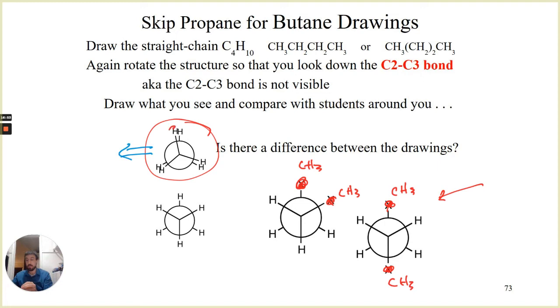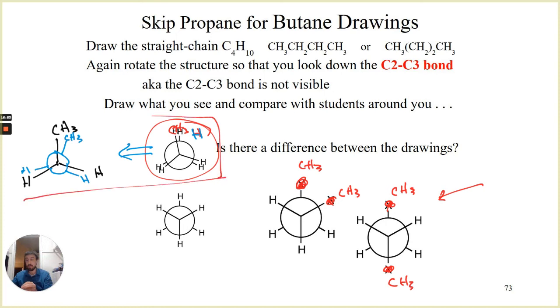We can get the eclipsing interaction where it's a CH3 and an H on our back carbon, or we could get the eclipsing interaction where it's a CH3 and a CH3 butting up in the back. So we get some new kind of interactions that come out of it.